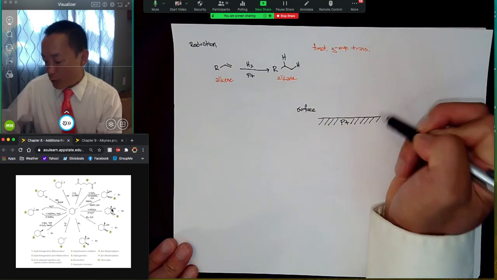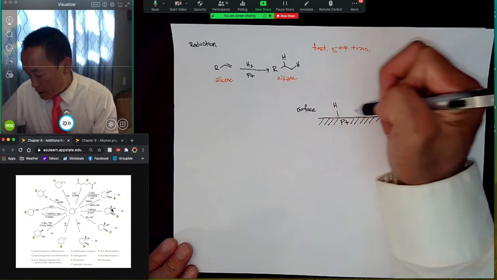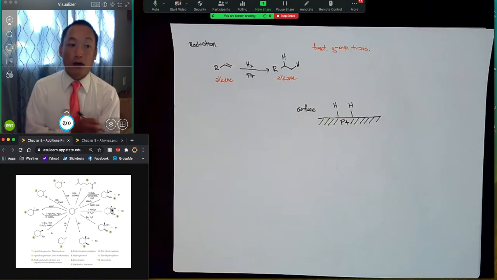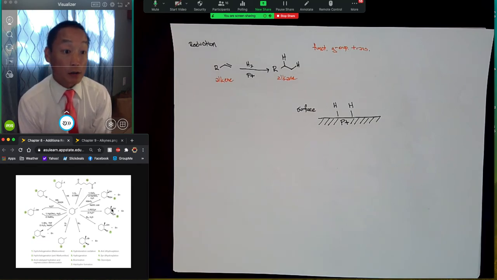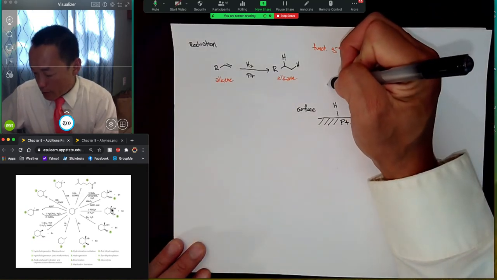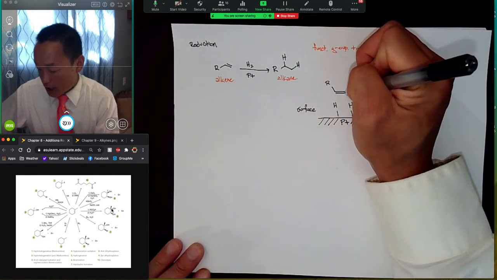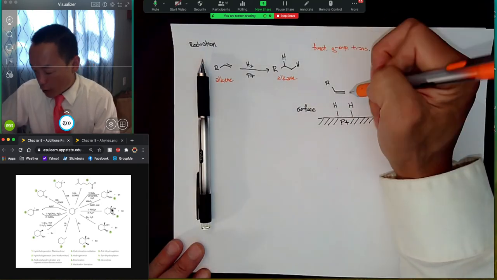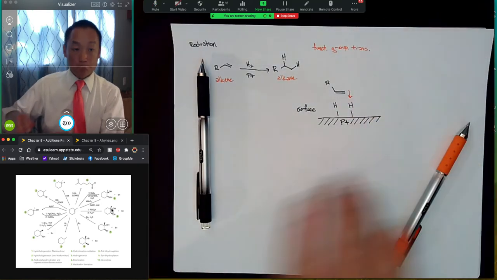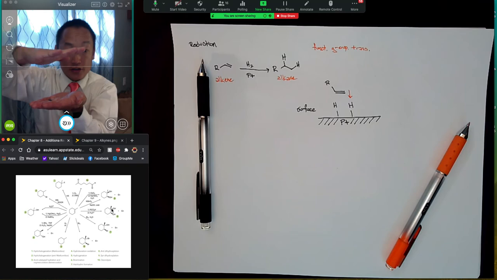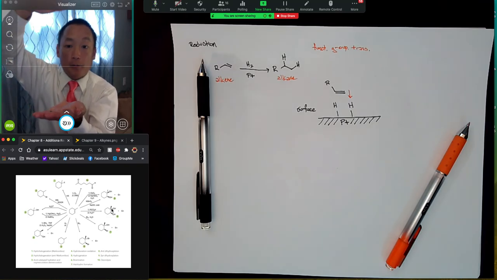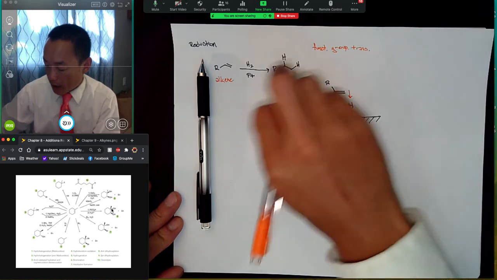When it's combined with hydrogen, a very expensive reaction, you're using platinum, the hydrogens essentially interact and bond to the surface of that platinum, and here comes your incoming alkene. And again, we're going with the idea of a docking station, a stamp. That alkene is going to come down, touch on the surface of that platinum, and rise back up.